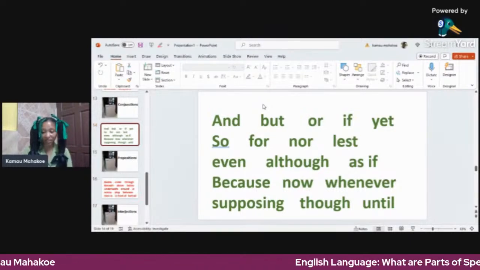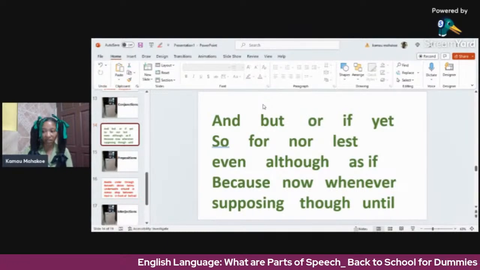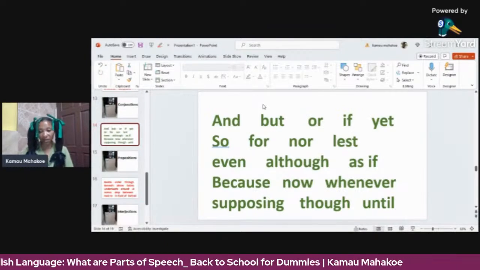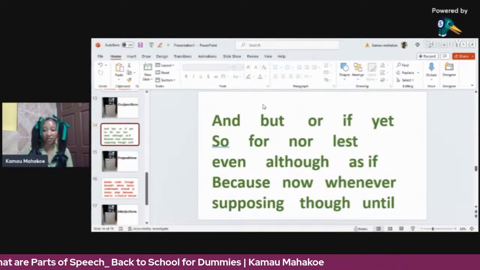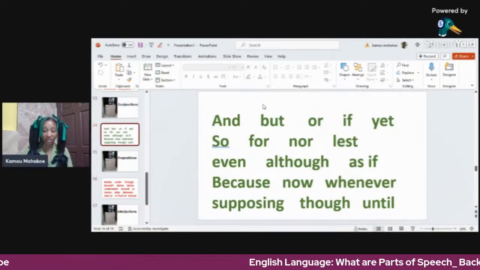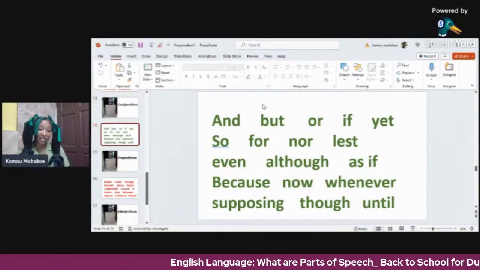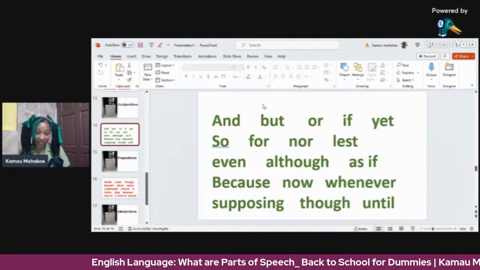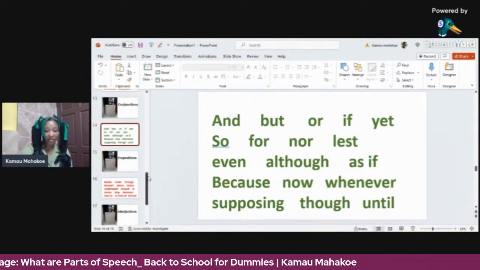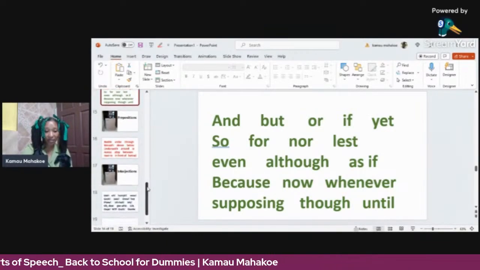And this now is different from no that we had for adverb, right? So this now is like you're saying, no, I want to do this or whatever, right? So it's a different form. Supposing, though, until, and we have many, many more. And just like with the others, there are different types of conjunctions.